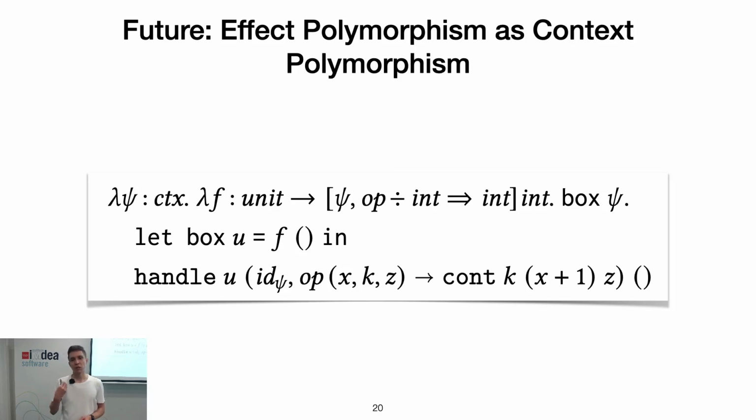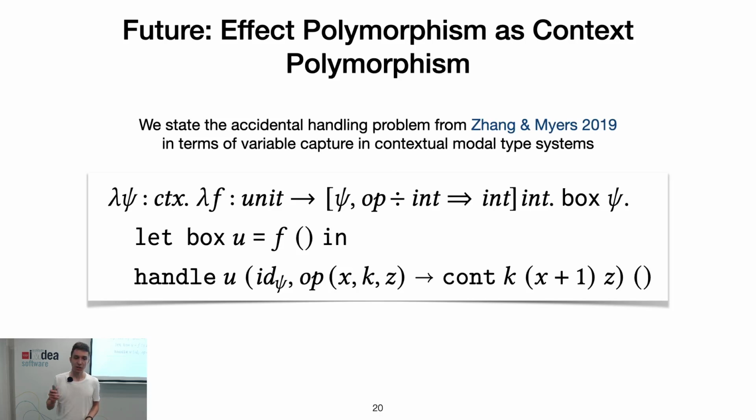So currently there is a lot of research into effect polymorphism, which is a polymorphism over effect theories. And in the slide, we show you an example that we adapted from a paper from POPL 2019 that shows a problem with accidental handling of algebraic effects. We stated it in terms of modal type systems, and we actually want to adopt a solution from modal type systems because 10 years ago, Brigitte Pientka wrote a paper that wasn't about algebraic effects at all.